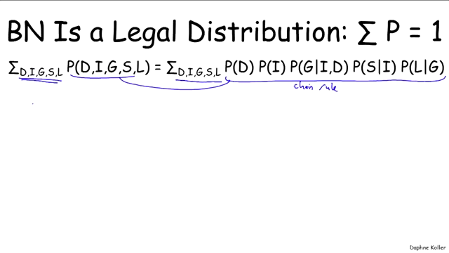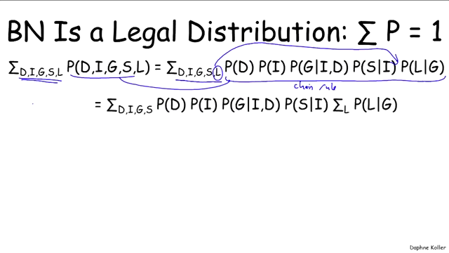So specifically, we're going to start out by pushing in the summation over L. And which factors involve L? Only the last one. So we can move in the summation over L to this position, ending up with the following expression. So notice that now the summation is over here. That's the first trick. The second trick is the definition of CPDs.